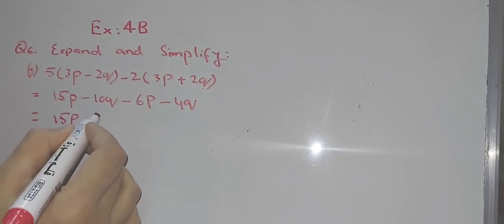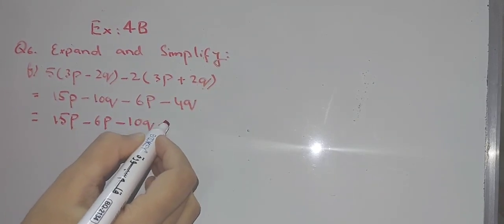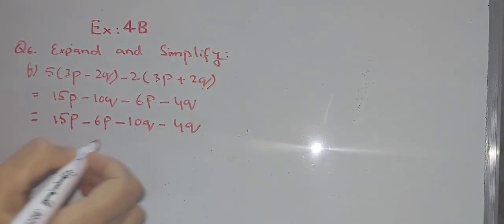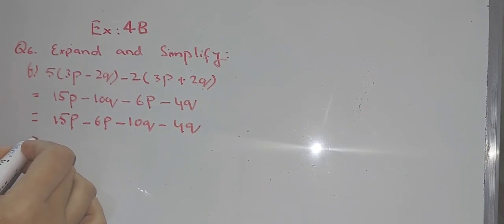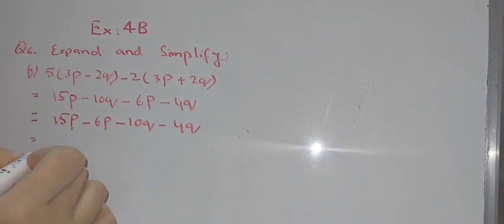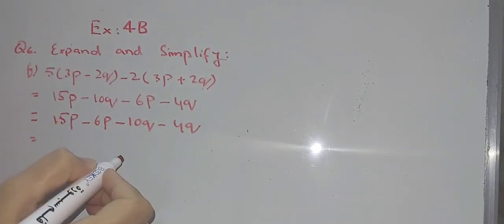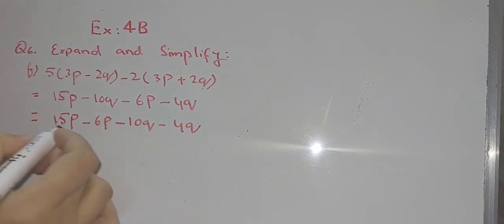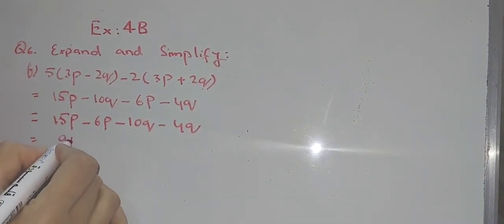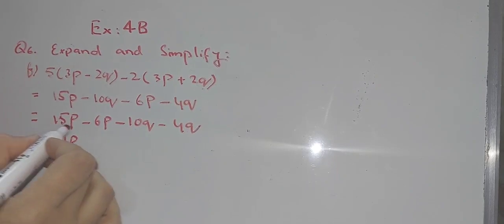Now we have to arrange the like terms together. 15p minus 6p, minus 10q minus 4q. You should be very careful with the signs. Now 15p minus 6p. 15 minus 6 is equal to 9, so we go for subtraction. So it will become what? 9p, positive 9, because the bigger number carries the positive sign.